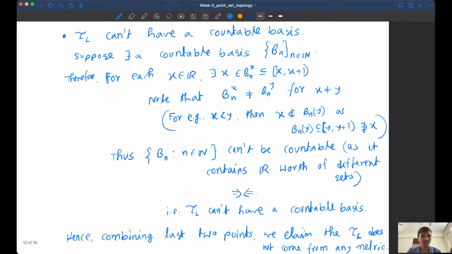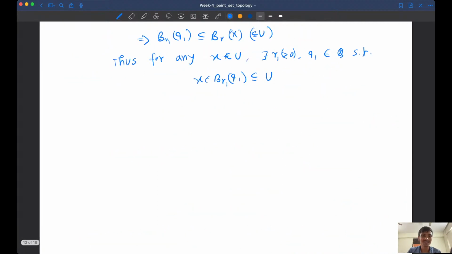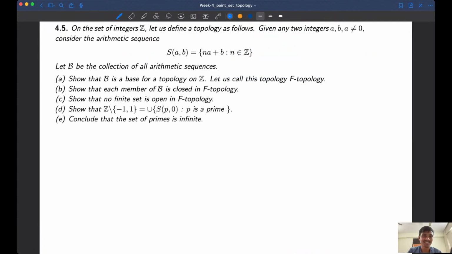Okay, so I actually wanted to discuss this one, but it's too late. Maybe you can just try this thing. This is a very interesting one: you give a topological proof of the infiniteness of primes.